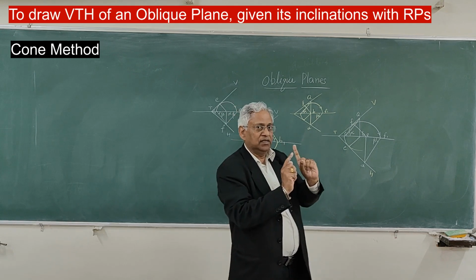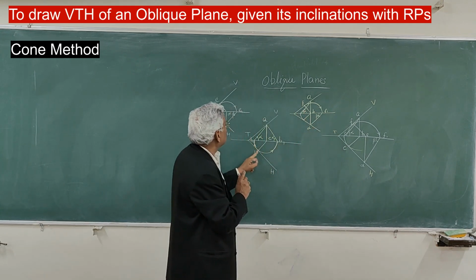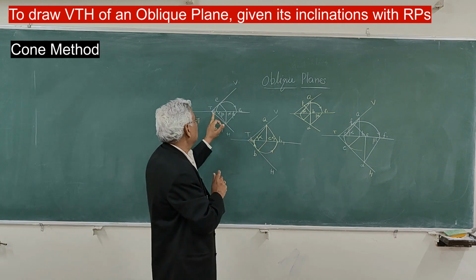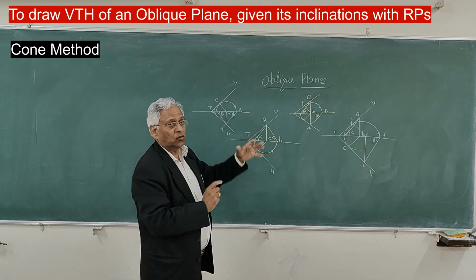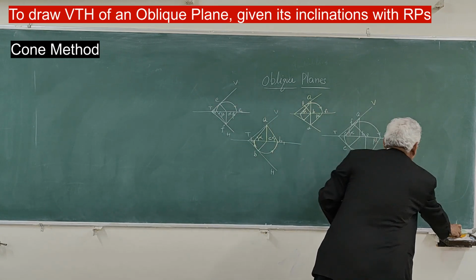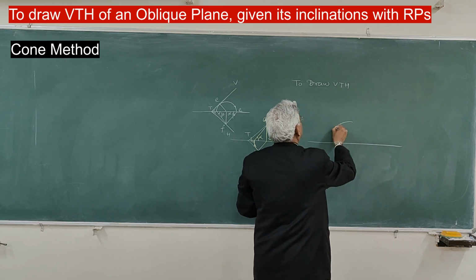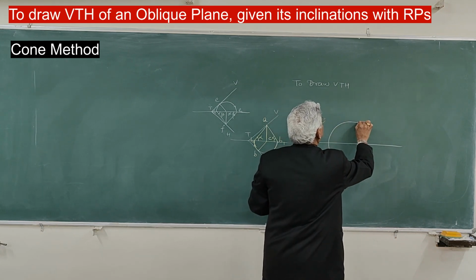Here, alpha and beta are known, but the unknown parameters are the radius of this semicircle and the radius of this semicircle. As a first step, let us assume that these two radii are the same. So, take a ground line and draw a circle of any radius here.